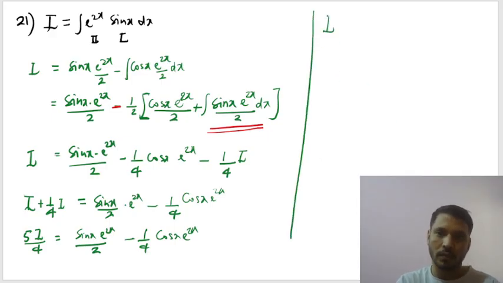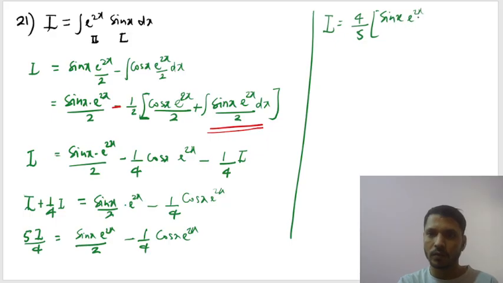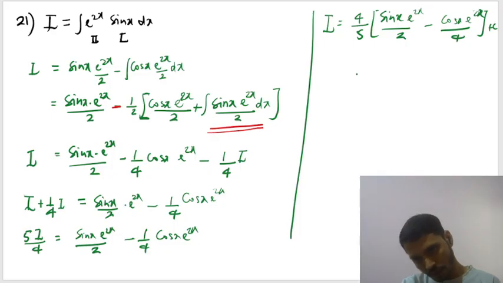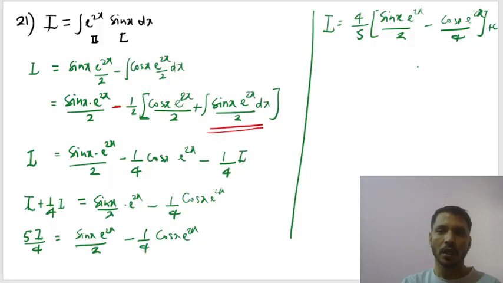So I will be equal to 4 by, sorry, 5, and everything will be as it is here. Sine x e to the power 2x divided by 2 minus cos x e to the power 2x divided by 4, and plus c. So this is the answer, or further we can just cancel this or let it be as it is. So this is the answer of the question number 21.